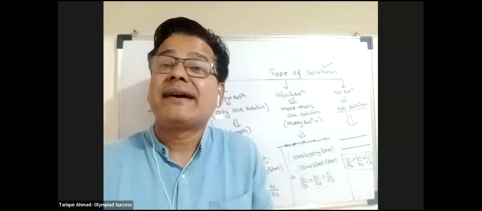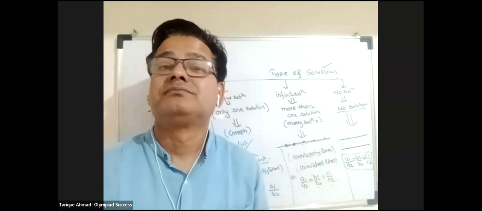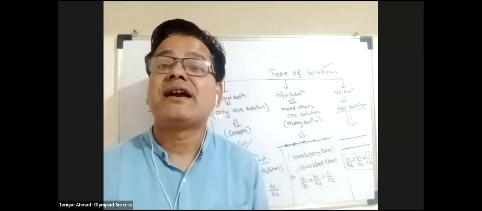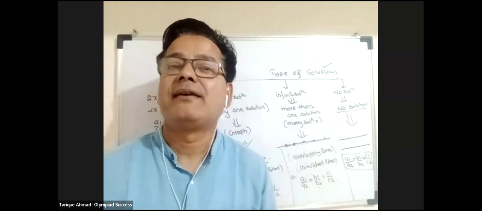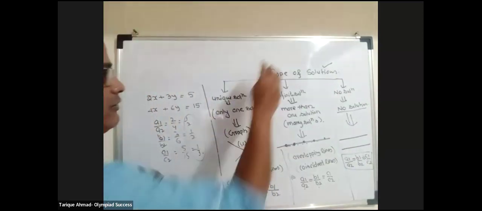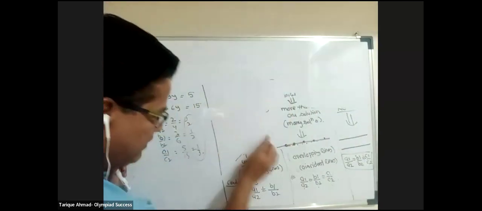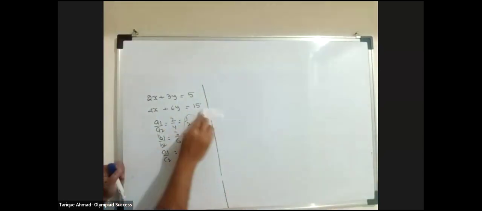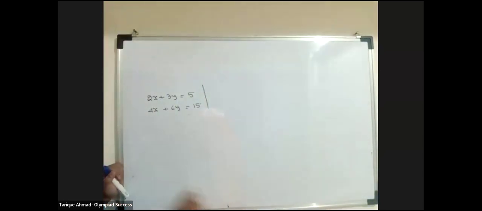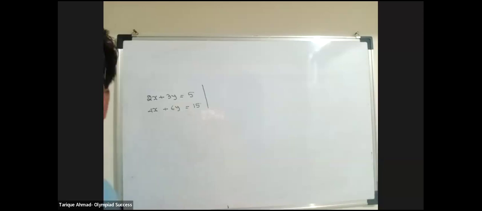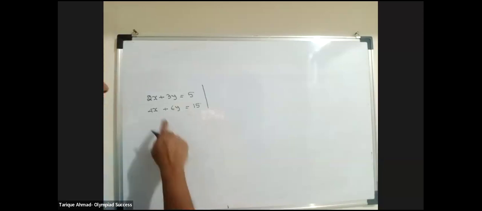And what is the graphical meaning? They are parallel lines. Now see, I'm showing this graphically. I'm drawing the graph of this one, and you can try at home a proper graph on graph paper of these two lines. You will definitely get parallel lines.